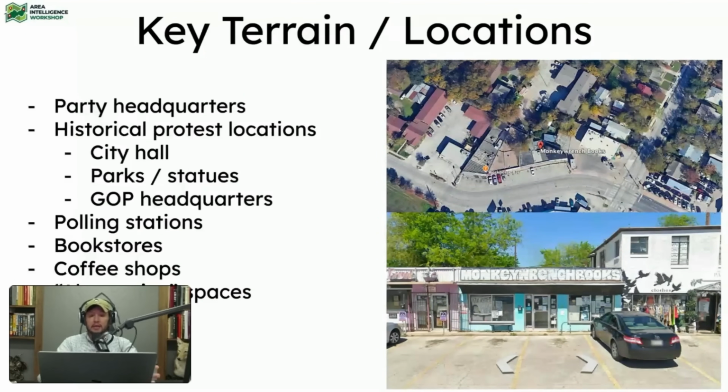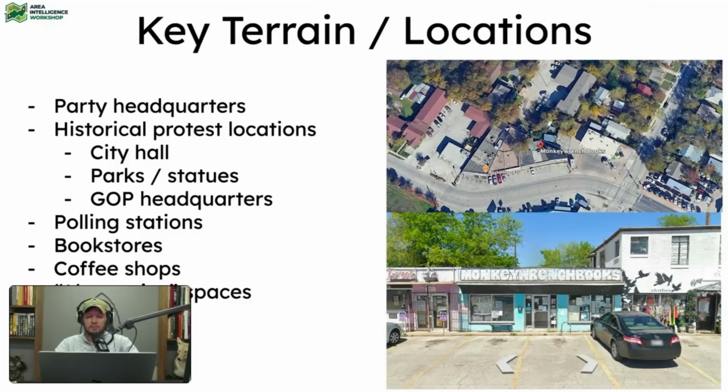Also, we need to be looking at key terrain or key locations. So your political party headquarters, for instance, there could be protests there. If Trump wins, there may be protests outside the GOP headquarters. There might be firebombs outside these GOP headquarters. Also historical protest locations, so that may be City Hall, certain parks, certain statues.